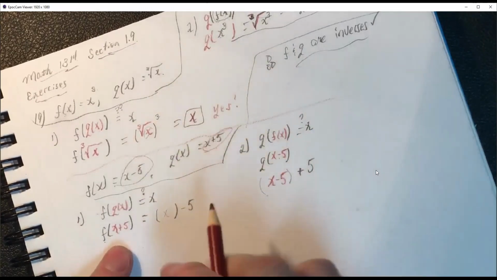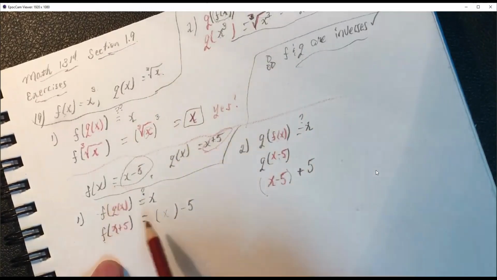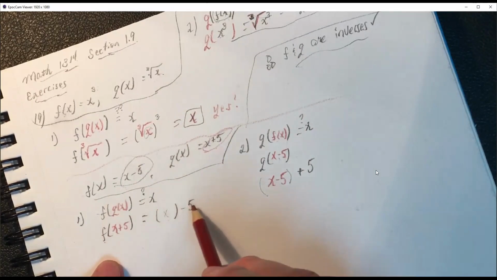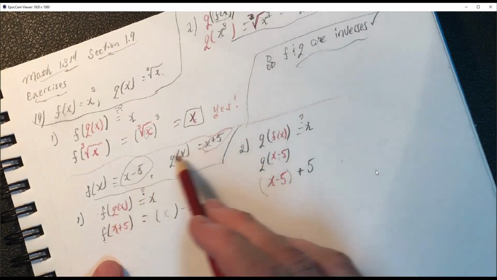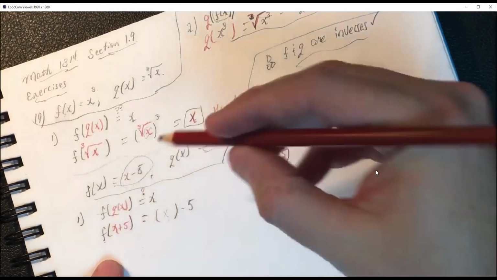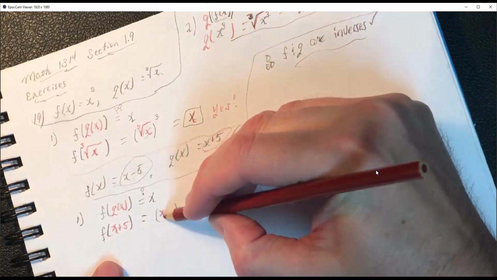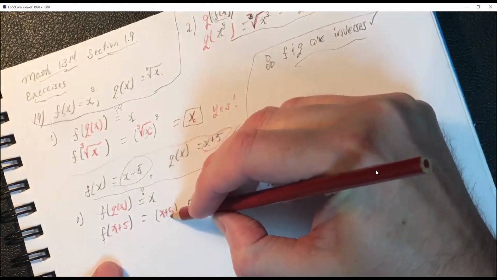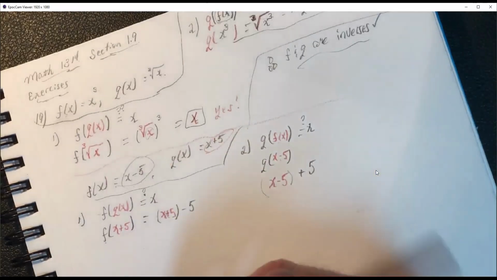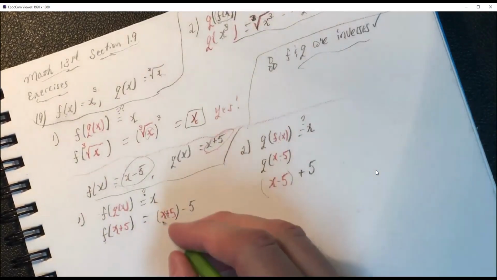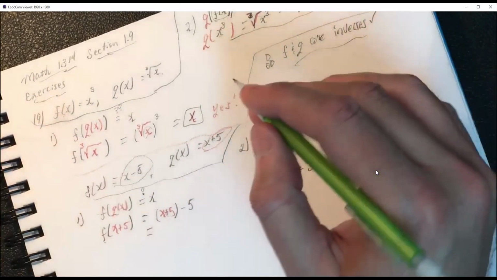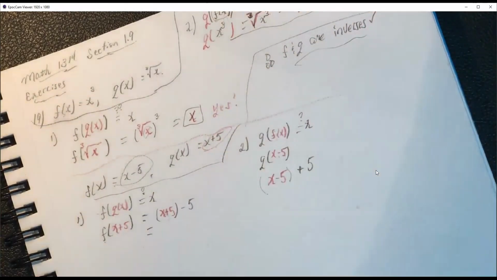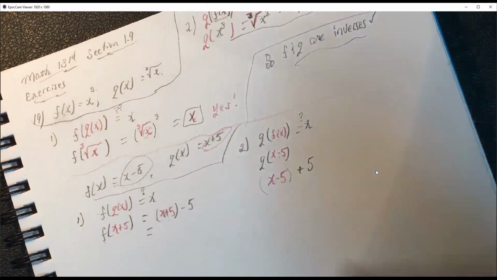And on this one, instead of writing f of x down, which is x minus 5, we're putting the range value of g into the function f. So we're going to put an x plus 5 right here.